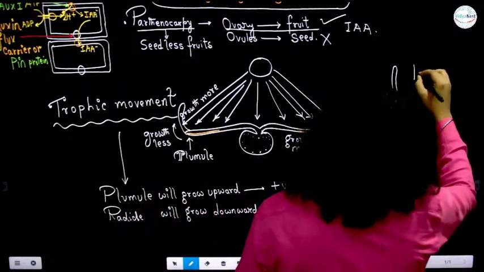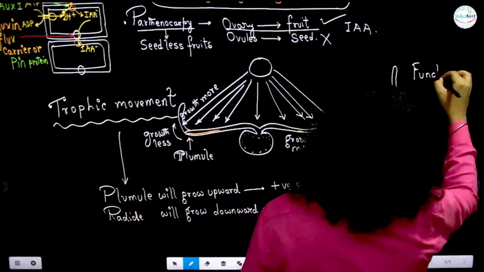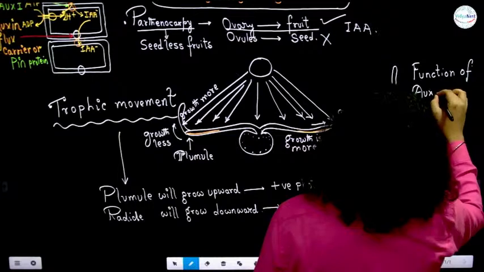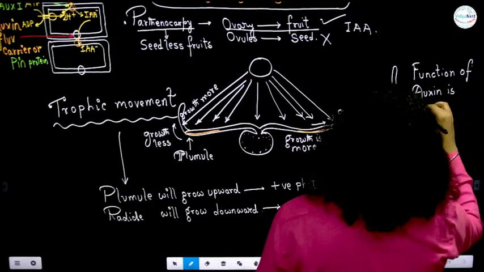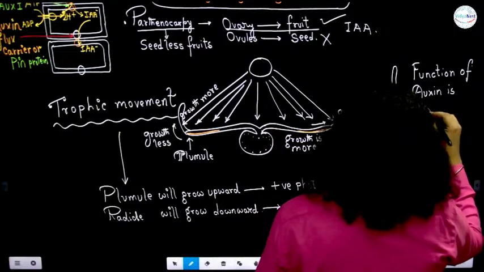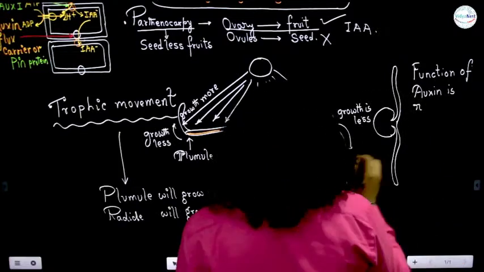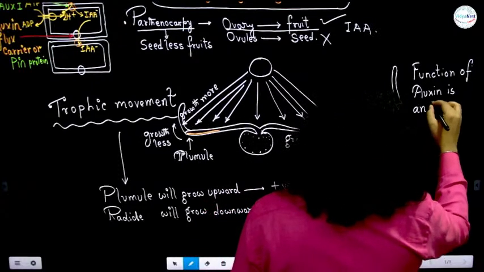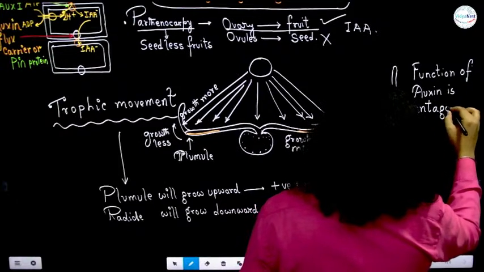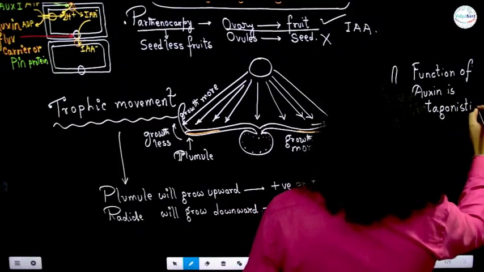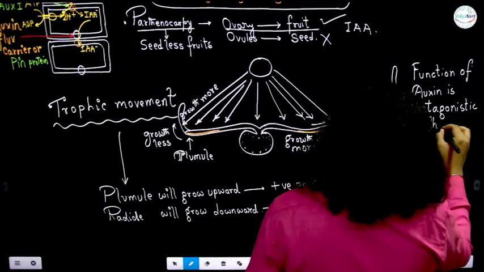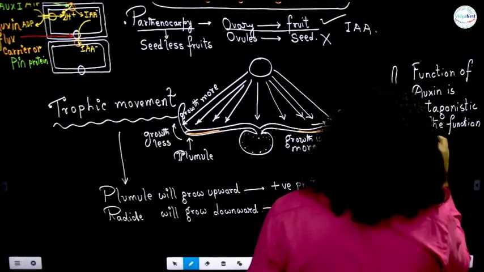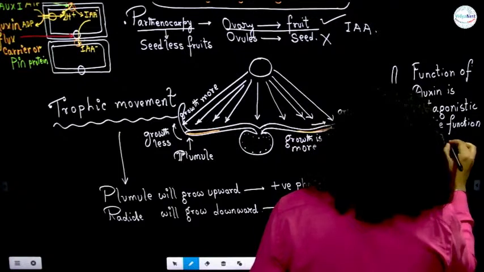That is, the function of auxin is antagonistic to the function of abscisic acid.